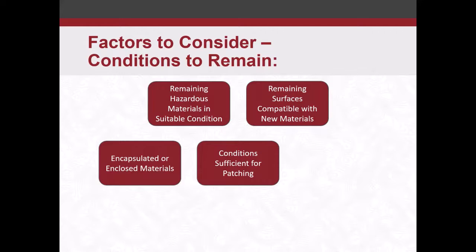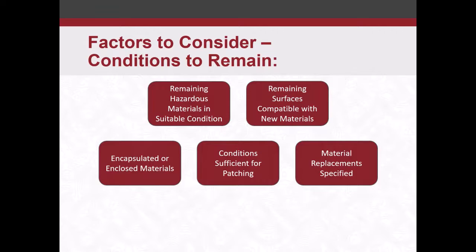There's nothing against someone coming and putting a material over top of asbestos material, or over top of lead-based paint, if it's not disturbing it, but you want to make sure that it is suitable. You don't have loose flaking paint that someone has to repaint. Make sure that loose stuff is scraped out of there, even though you may not be removing all the paint. You want to make sure the loose stuff is out of there.